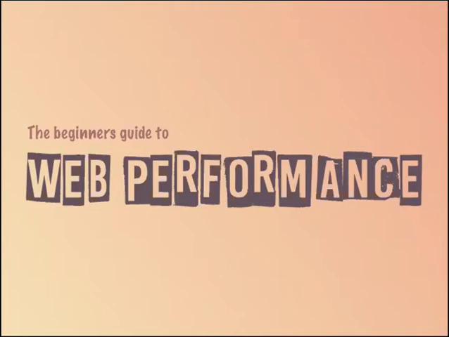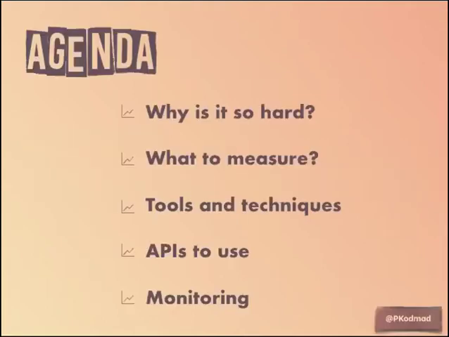Instead, my agenda for today is going to be all about why web performance is so hard. Why, even though we know that it's really important, we see more slow websites than fast websites. By default, we build slow websites. What do you measure to determine the performance of your application?